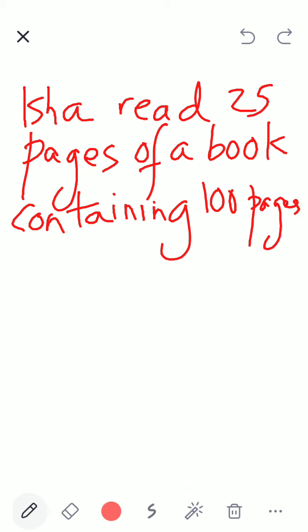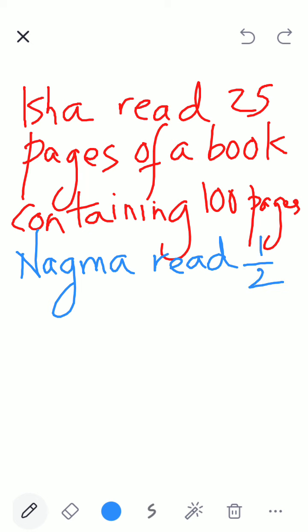All of you, I hope you are writing. Okay, now I'm changing. Children, don't give out of turn answers. First write. Nagma read half of the same book.